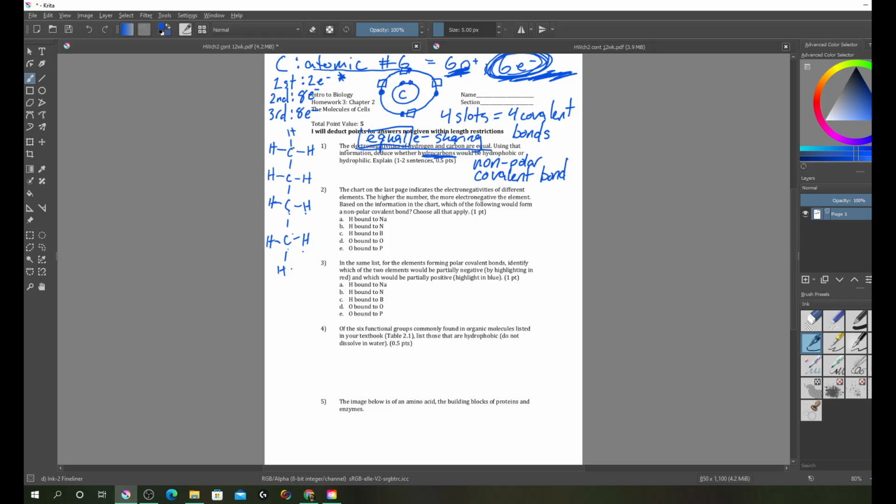Now you have to figure out, is it hydrophobic or hydrophilic? Okay, so that has to do with its relationship with water. Hydro means water. So hydrophobic, you know what a phobia is. That describes a fear that someone has. Phobia means fear. So something that's hydrophobic is a molecule that's water fearing.